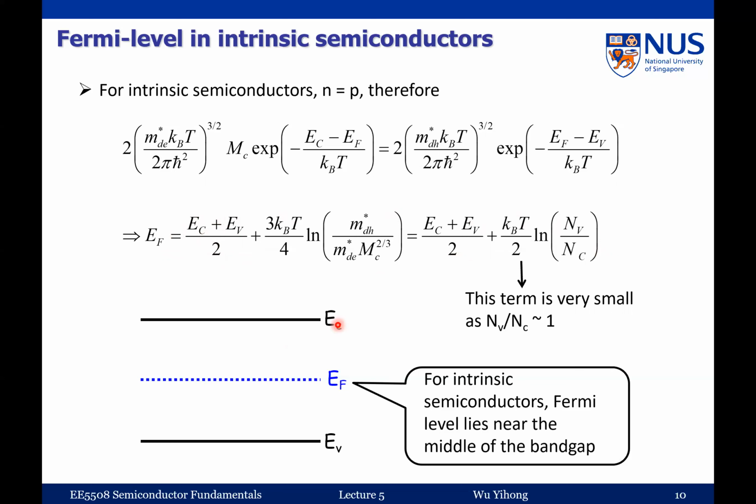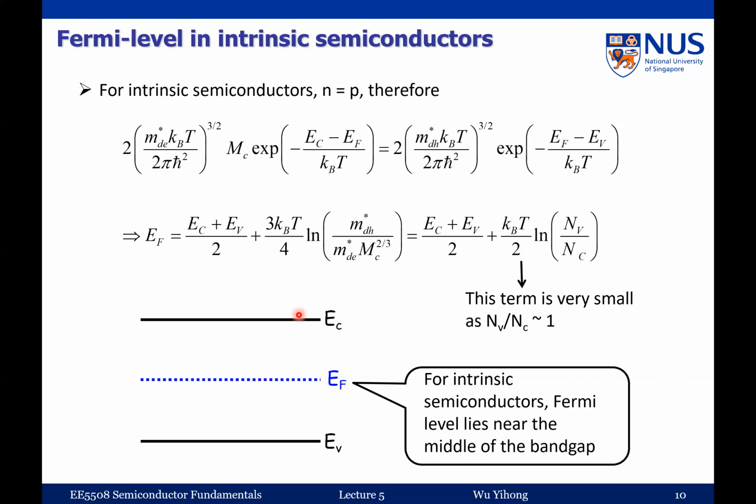So what's EC plus EV divided by 2? Of course, your EV, the energy reference can be anywhere, right? But suppose your energy reference is here, then EC is EG, and EV will be 0. This means EC plus EV basically is EG, the band gap, and divided by 2, so that basically is this one here, right?